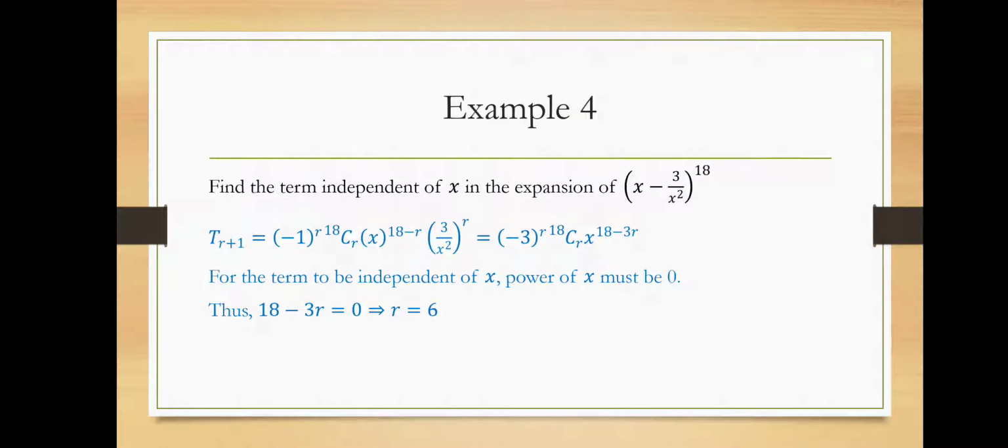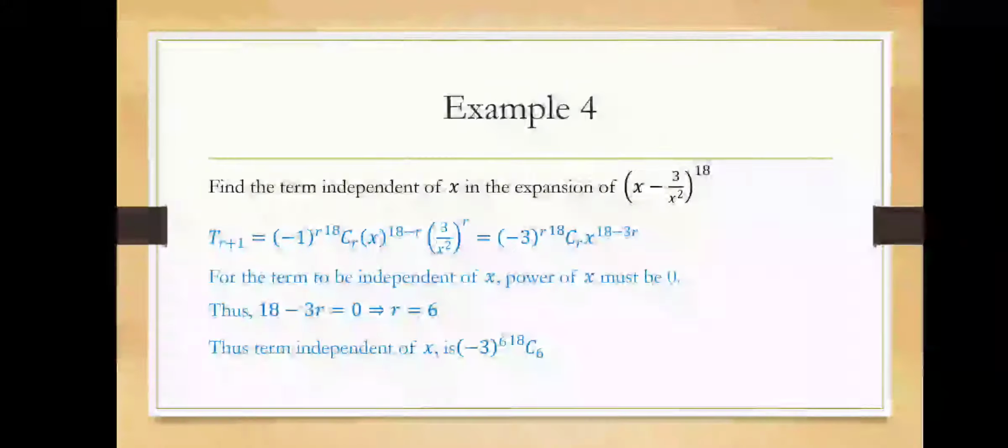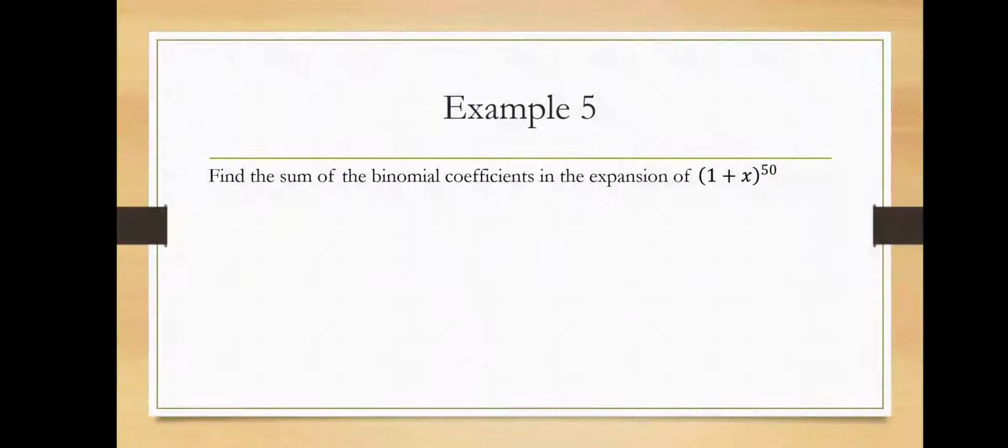And if we just do our calculation, we'll see that the term independent of x is minus 3 to the power 6 times 18C6. Now obviously you can leave your answer there, or you can calculate and find the value of this. Now let us move to question number 5.